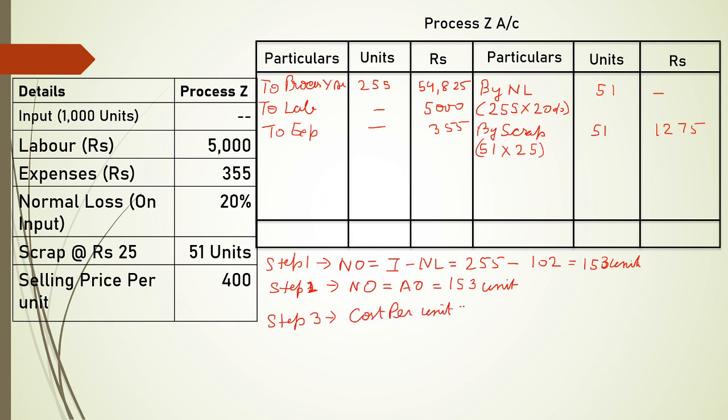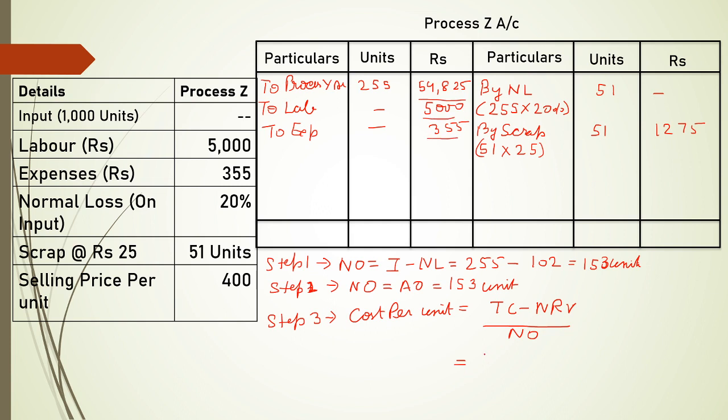and the formula to calculate cost per unit is total cost minus net realizable value divided by normal output. Here the total cost consists of 54,825 from the goods which are transferred from process Y, 5,000 labor cost and 355 expenses.